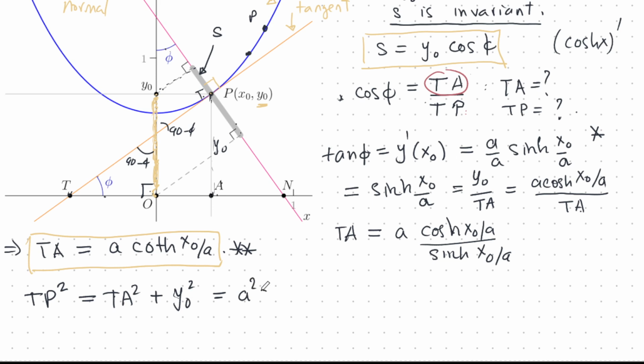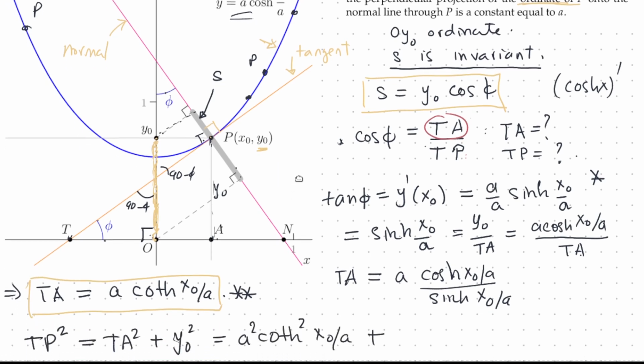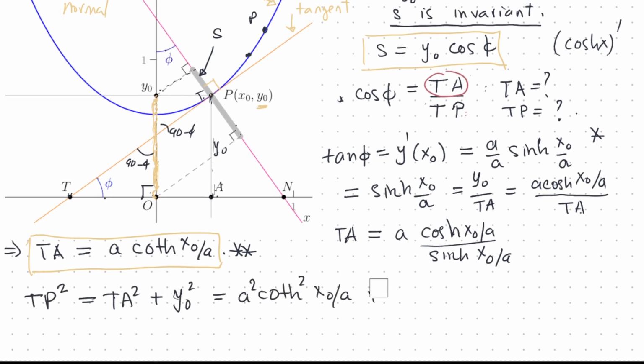I have a squared coth squared of x0 over a plus, now what is y0? In terms of x0, I use my formula again. y0 squared is a squared cosh squared of x0 over a.